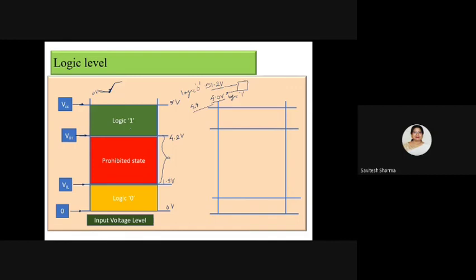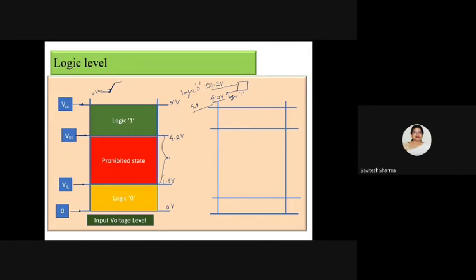It is a prohibited state, so you need to wait to stabilize the voltage level. If you want to analyze a logic circuit, you need to wait for the stabilized state. At the time of transition, you cannot analyze the circuit. Your output may be wrong. This region that I am showing with the red area is my prohibited state. It will occur in my circuit, but it will show the transition state.